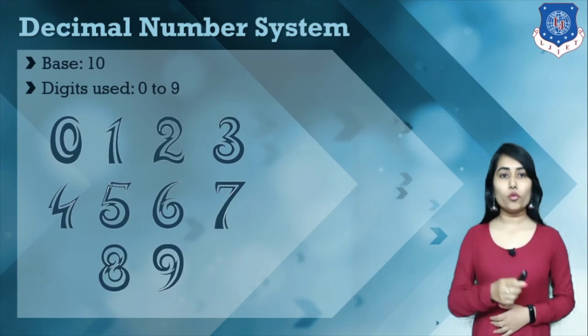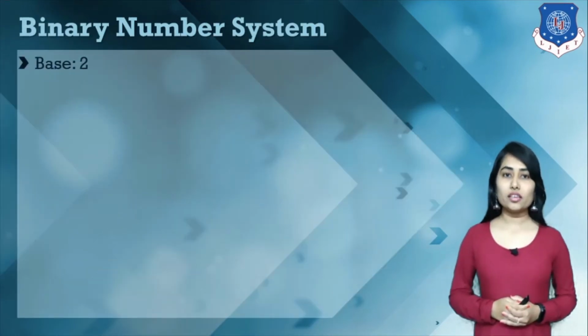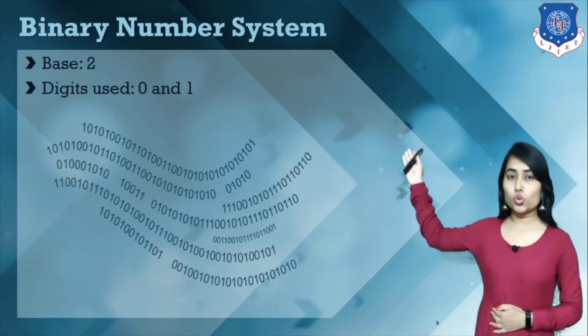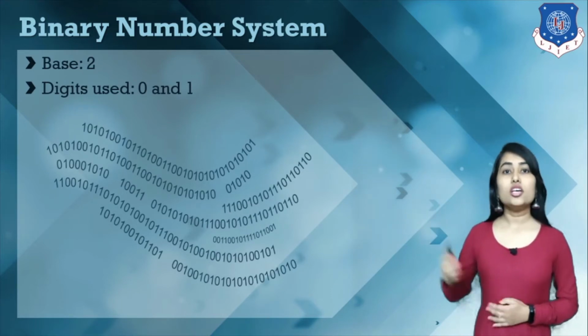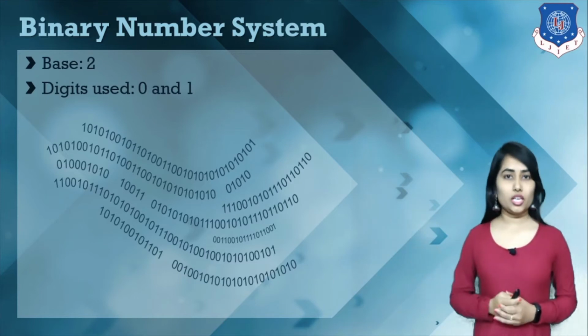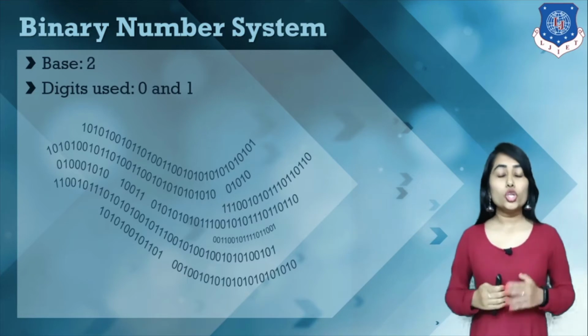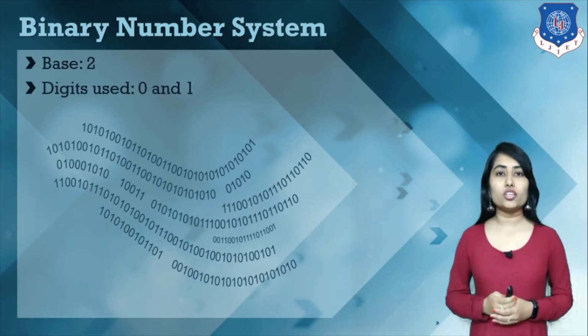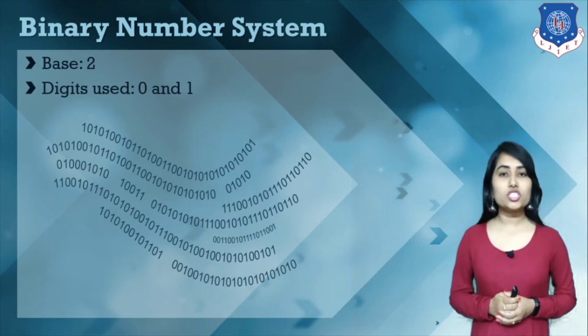Then we have the binary number system. This binary number system has base 2, and the total number of symbols used are 0 and 1. In binary, we use only 0 and 1 to represent any kind of number. So the base of binary is 2.